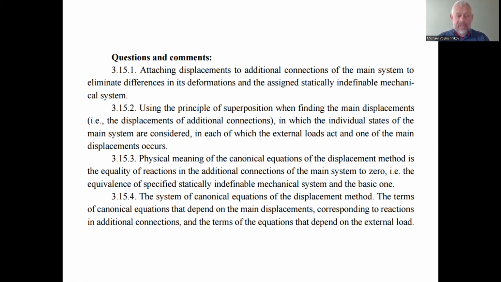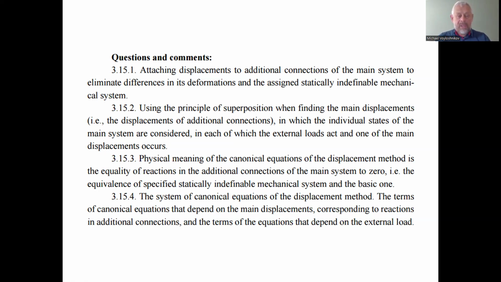And these displacements are just the conceptual indexes to determine the canonical equations of displacement method to find the displacements under action of the external load.